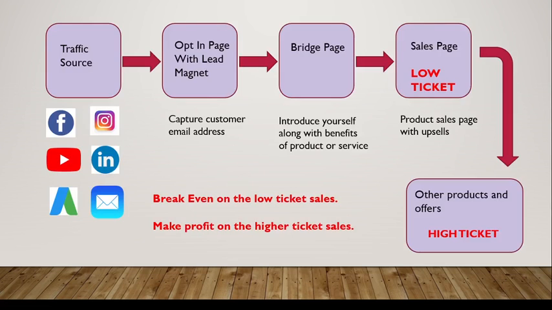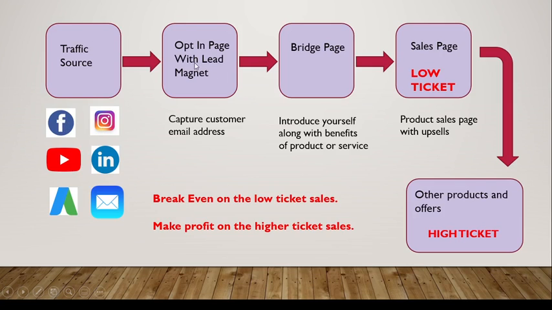So this is just a quick schematic of a sales funnel, basically. It starts off here. Here's our traffic source, and that can be Facebook, Instagram, YouTube, LinkedIn. The idea is people opt in. So we send our lead capture page to various traffic sources.